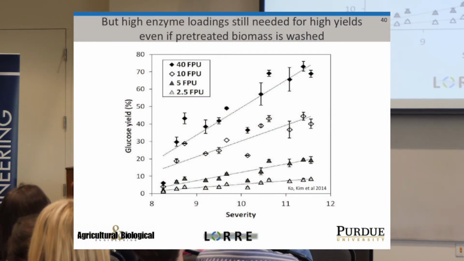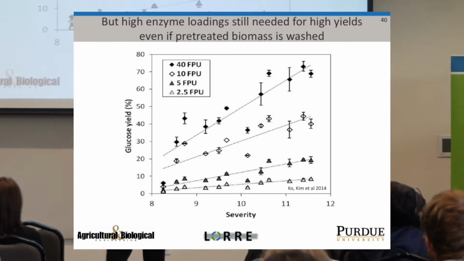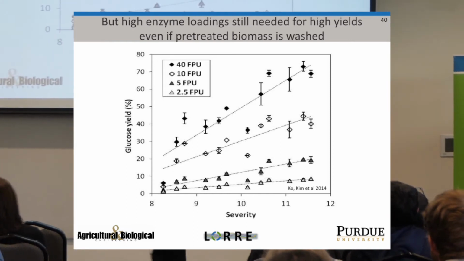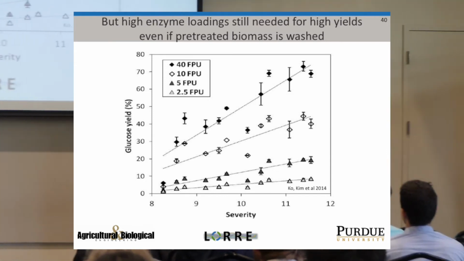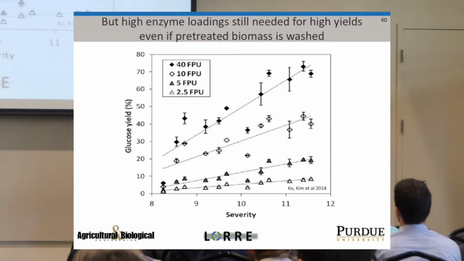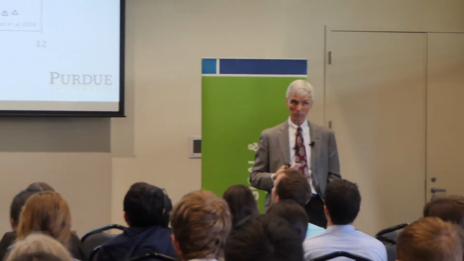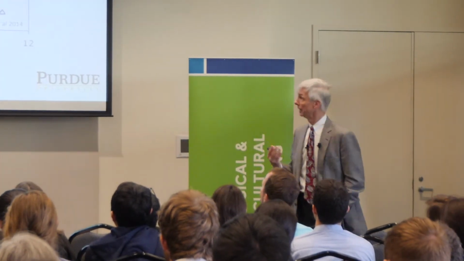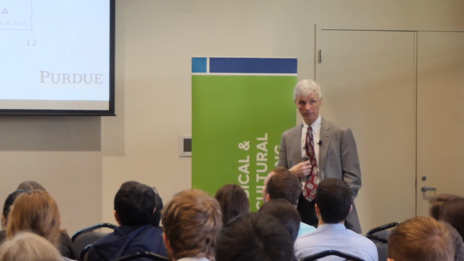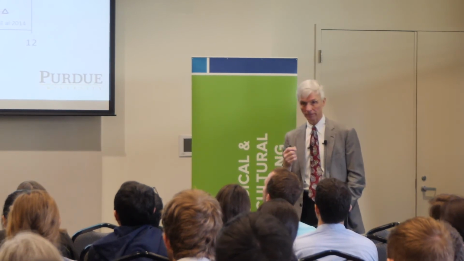After we took the washed material, this is for a mixed hardwood, the bottom line, which is for 2.5 FPU, gave us very little conversion. The top line, which is 40 FPU, 80 milligrams per gram, you can never afford to do that, gave us very good conversion. Makes no sense.